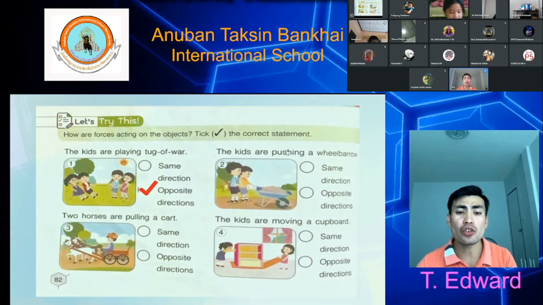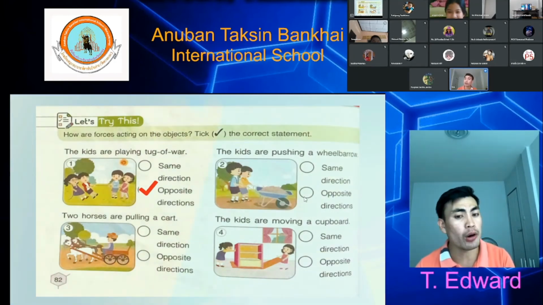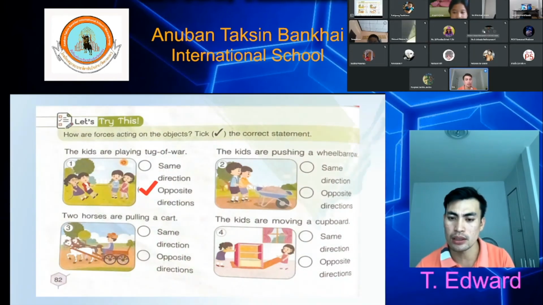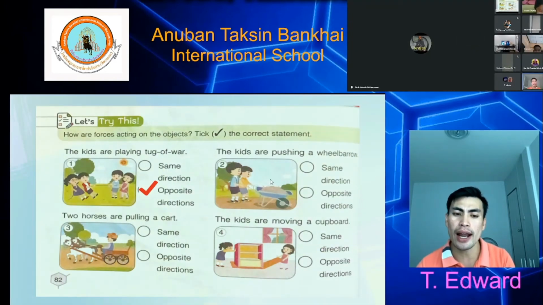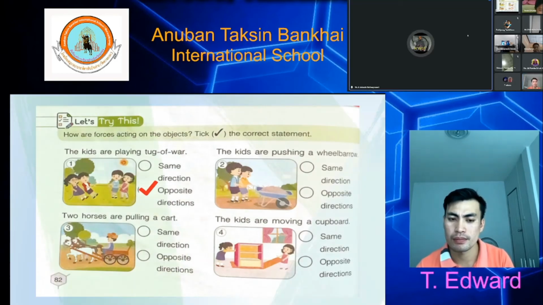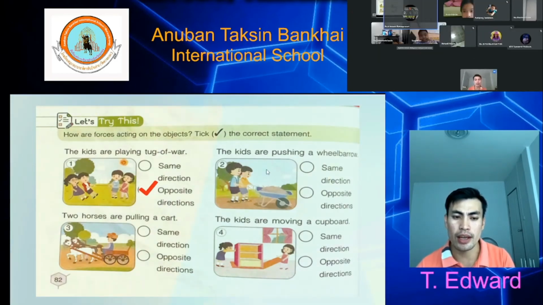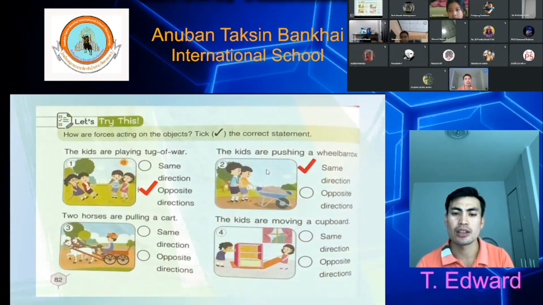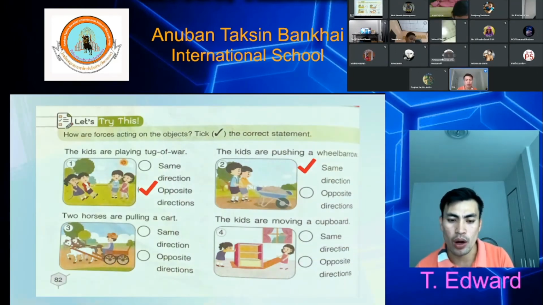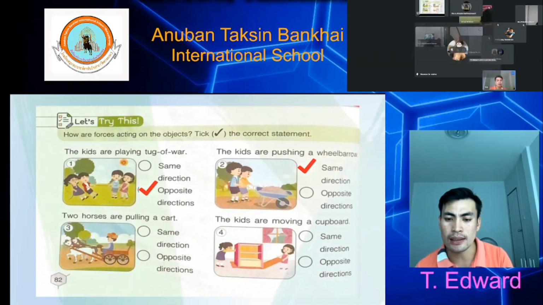The kids are pushing a wheelbarrow. Same direction or opposite direction? Let me call Jitsada. What is your answer? Same direction is the correct answer. Very good.